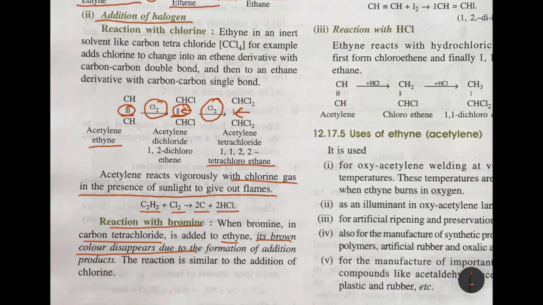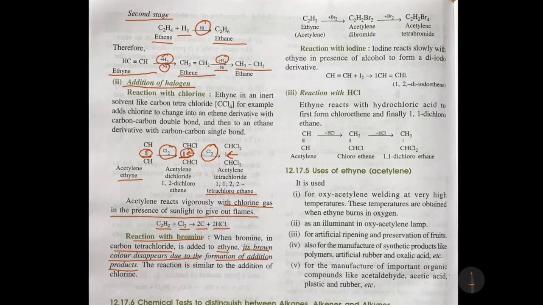Brown color disappears. If you ask the reason, due to the formation of addition products. So it is similar to the addition of chlorine that we just discussed. So ethyne, you can see one molecule of bromine turns into acetylene dibromide. Again, one molecule of bromine turns into acetylene tetrabromide.